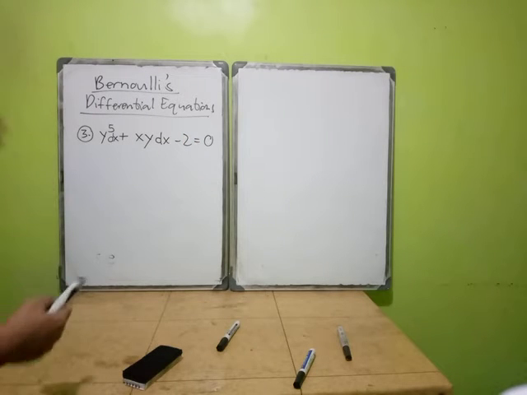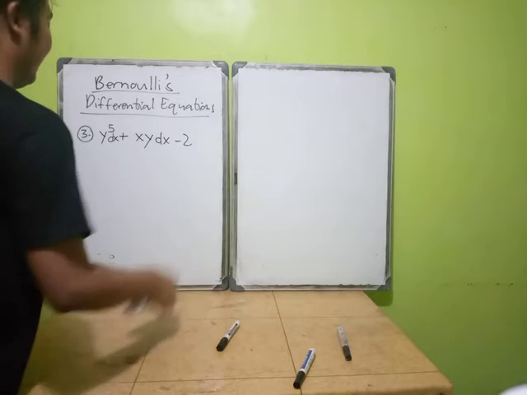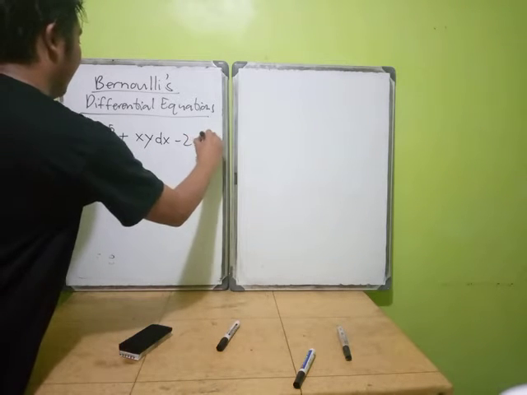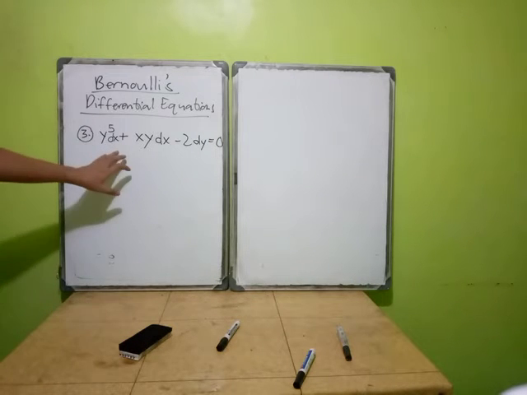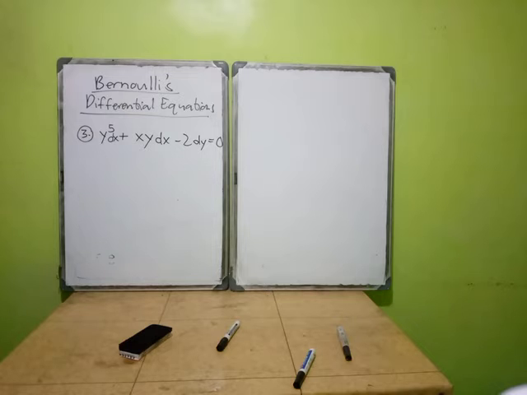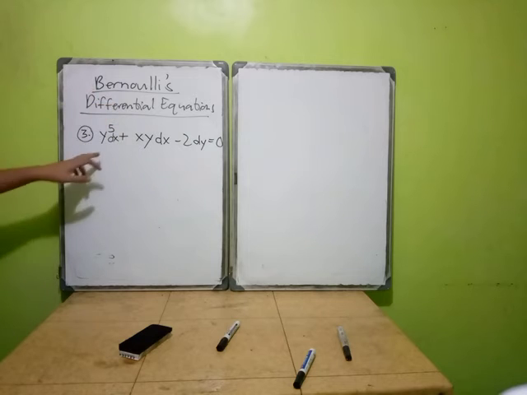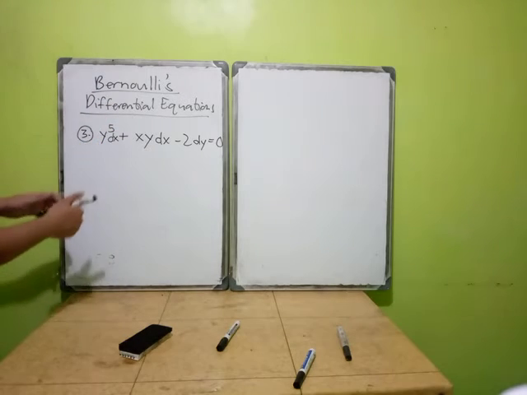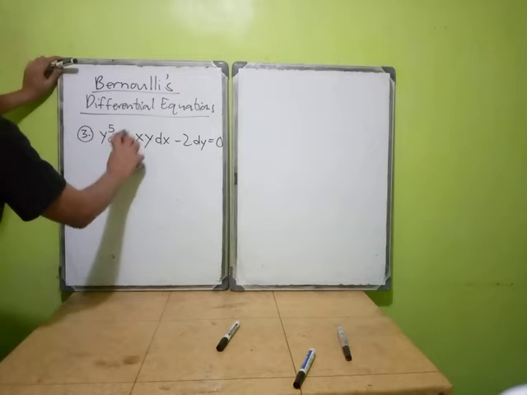So, unang tingin, sorry, meron pang kulang. So, unang tingin, parang hindi siya Bernoulli's, no? Okay? So, maybe some of you could identify na may Bernoulli to siya kasi may y to the power of n. Pero what if hindi? What if iba yung arrangement? Okay, so let us say, ito yung arrangement niya.